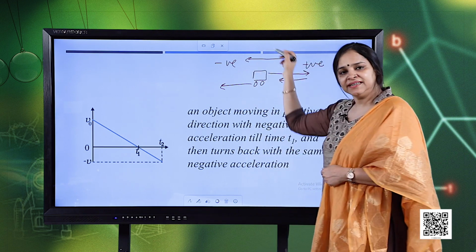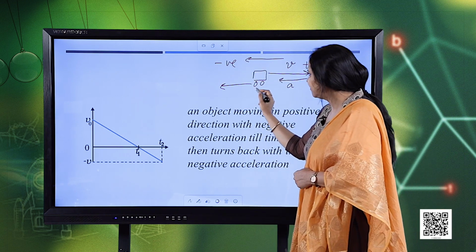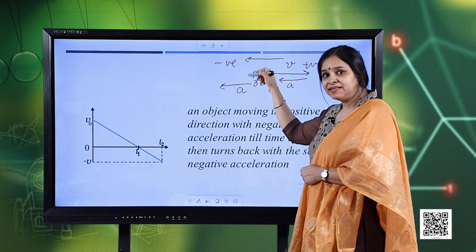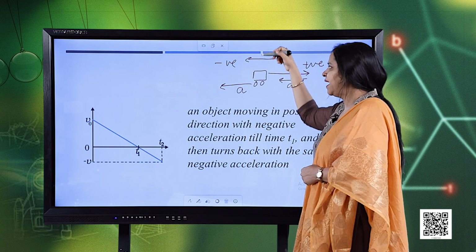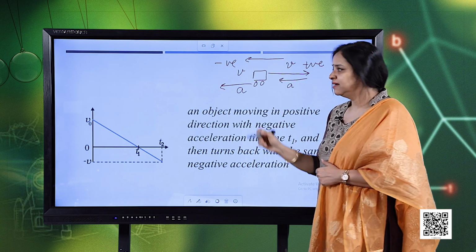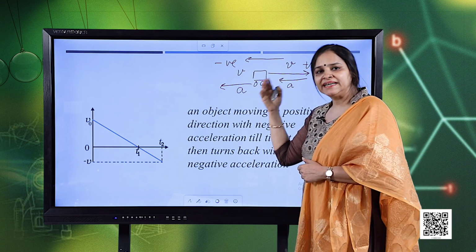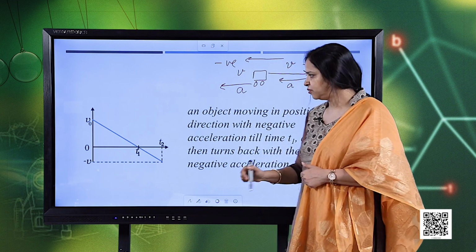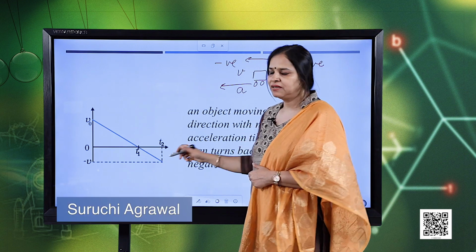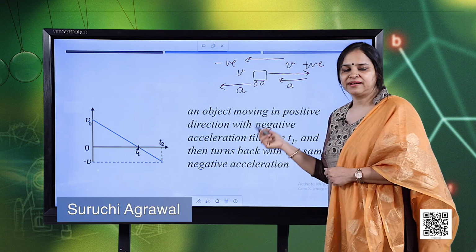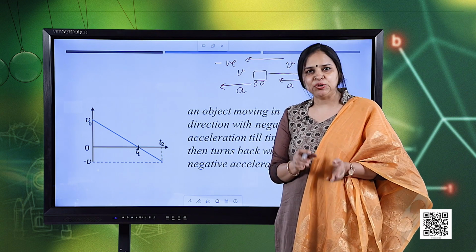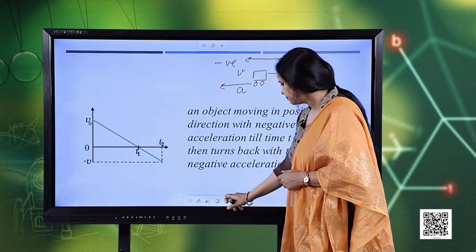By turning the direction of the velocity, both the acceleration and the velocity are in the same direction now. So, this acceleration will now increase the speed of the vehicle. That is how we can see the velocity is increasing in magnitude. So, these are simple examples to study acceleration using VT graphs.